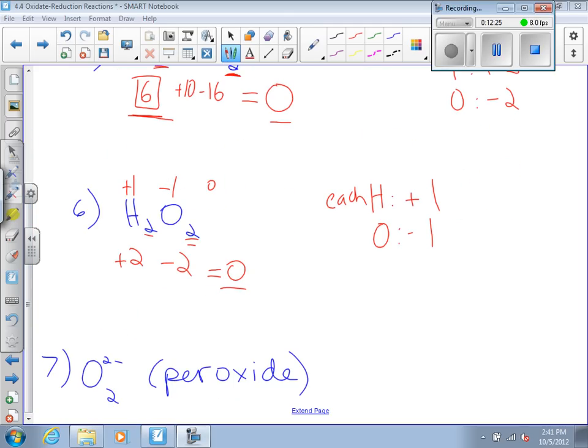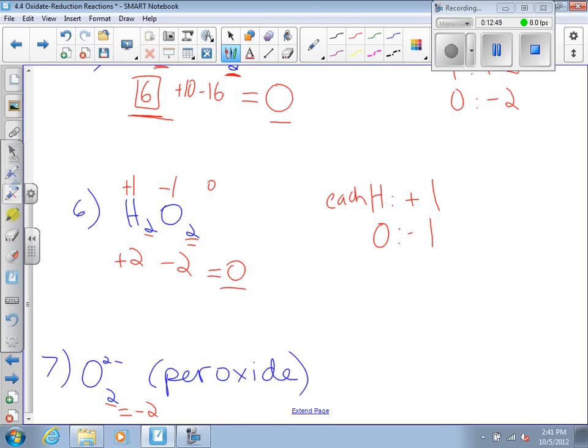All right, last problem on this page, peroxide. We have a polyatomic ion, and we're told that polyatomic ions have to add up to the total charge of the ion. The total charge here is -2. So I cannot use the rule that oxygen is -2, because if it were -2 and I have 2 oxygens, the total would be -4. But it's not.